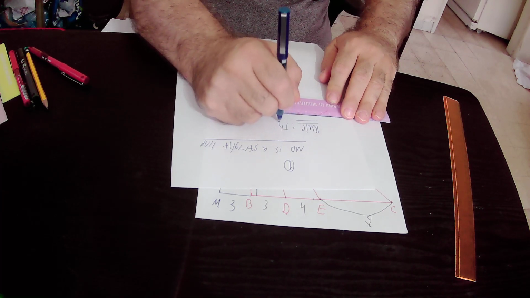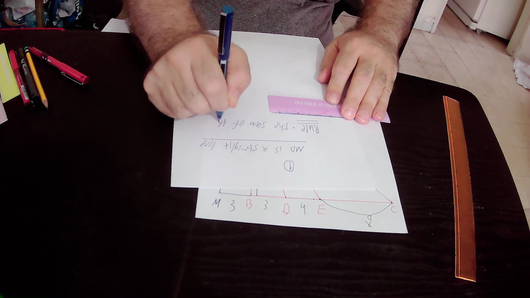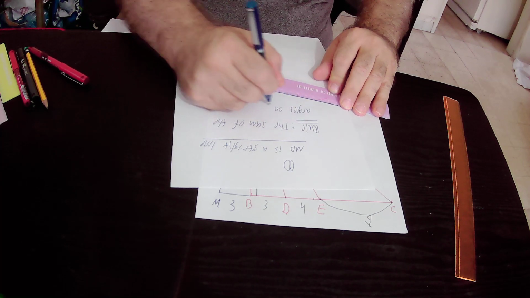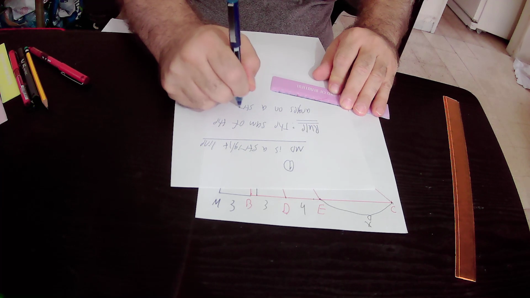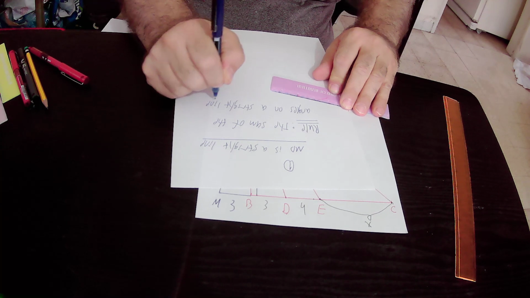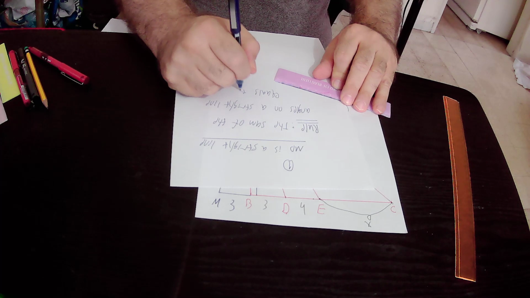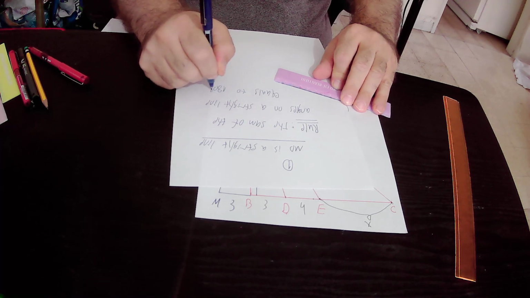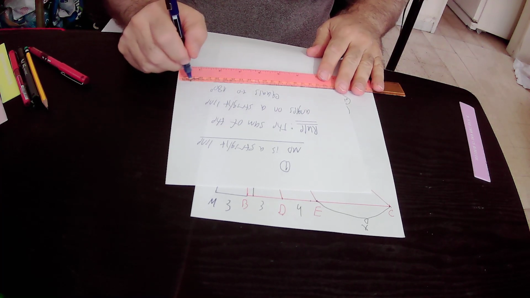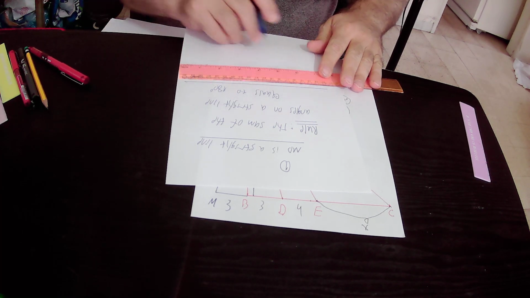The sum of the angles on a straight line equals to 180 degrees.